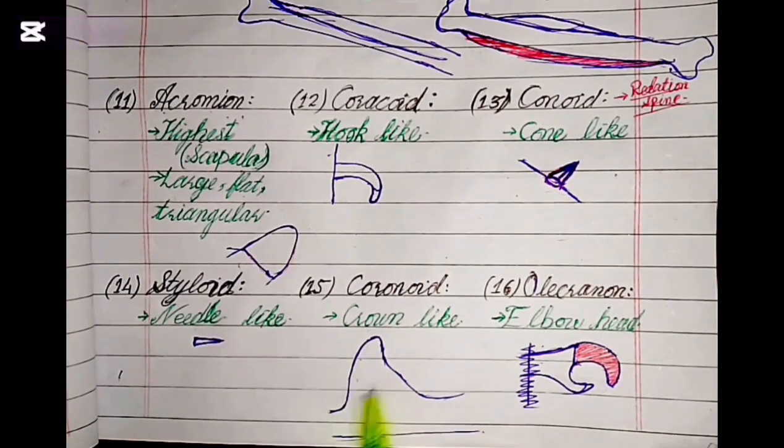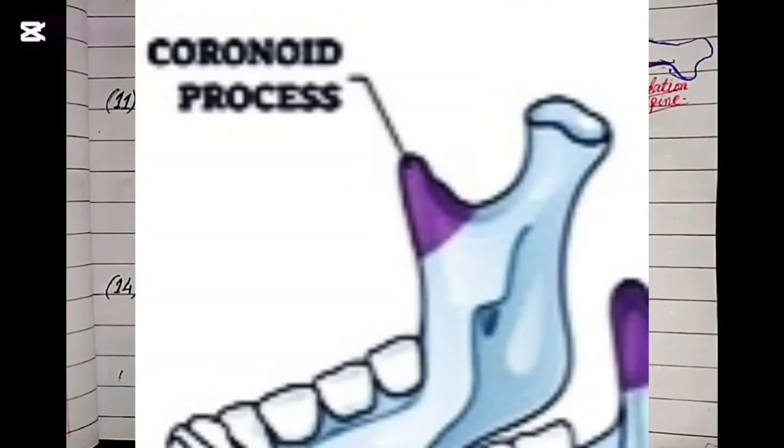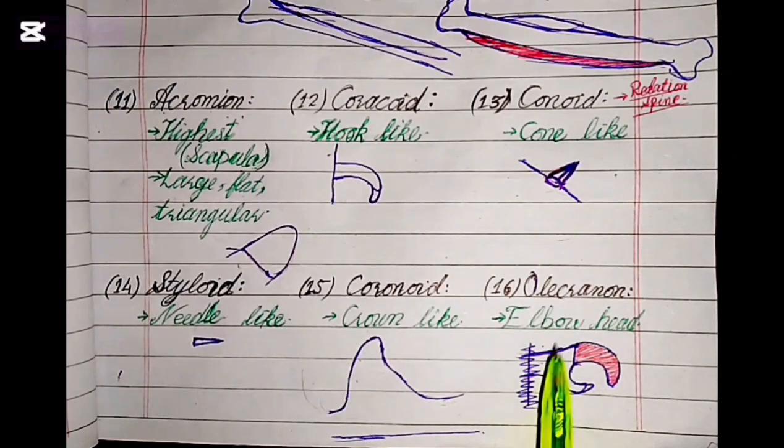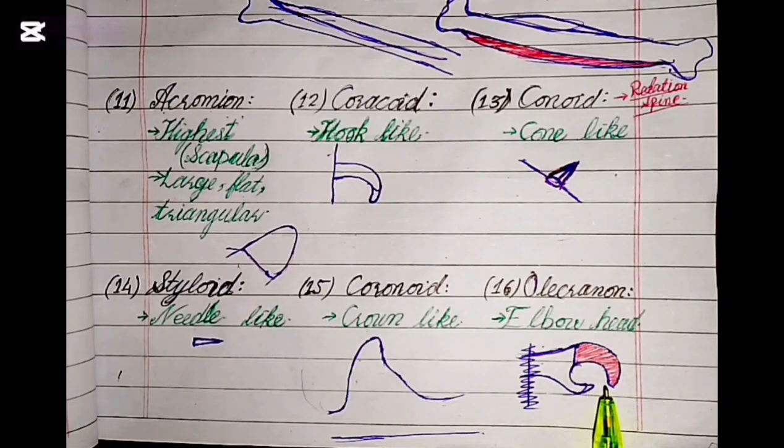It goes up and down, so it is crown-like. And olecranon, the word means elbow head, but its shape is also hook-like. So coracoid and olecranon are both hook-like shapes, but coracoid is named on the basis of its shape, and olecranon is named on the basis of its location, meaning it is present in the elbow.